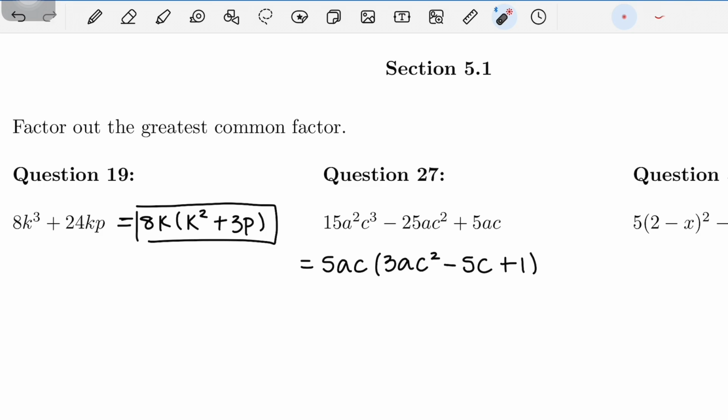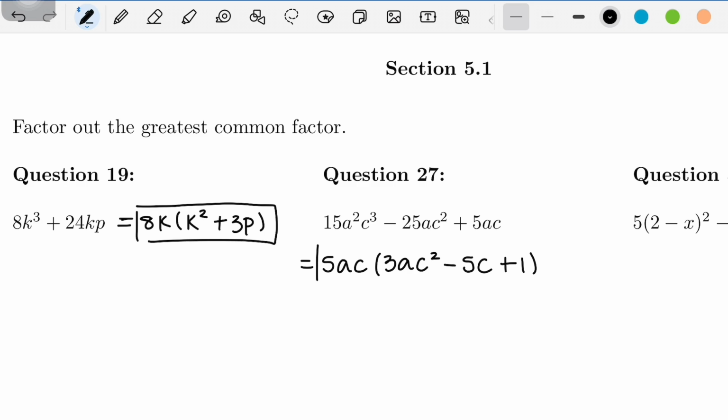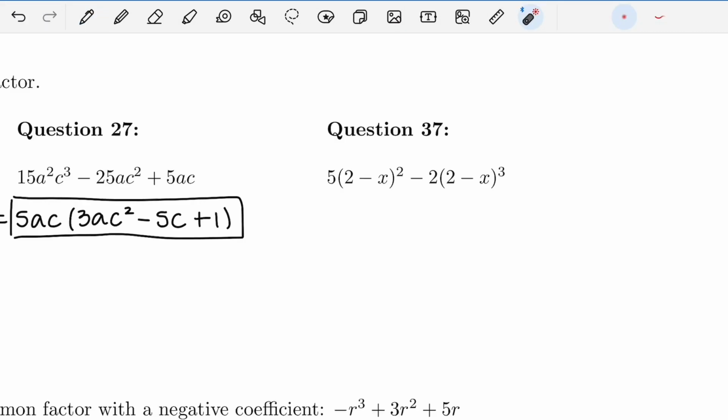We can always check our work by distributing this back into all three terms. If we were to multiply these two guys here, we're going to get 15 a squared c cubed. So that works for the first guy. For the second guy here, if we were to distribute this, we would get a minus 25ac squared. And then lastly, 5ac times 1 gives us 5ac. So we know that when we pull out the greatest common factor, we're left with that there.